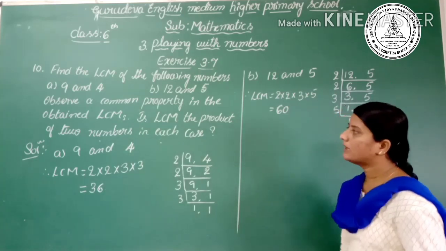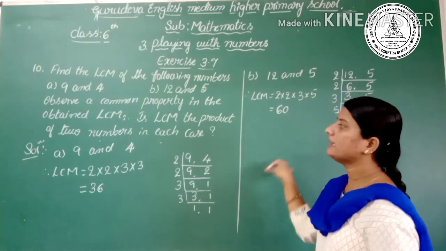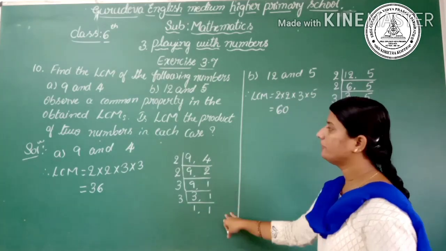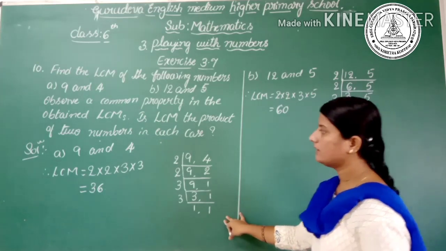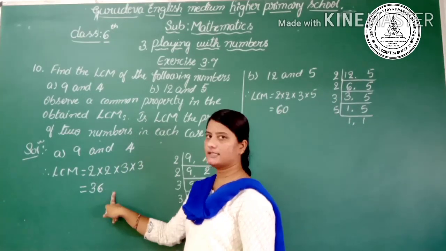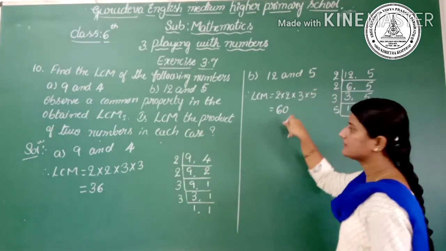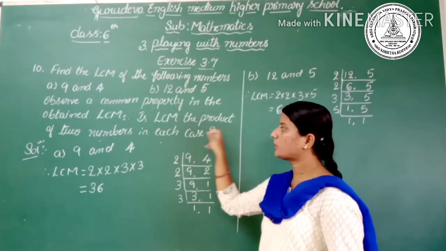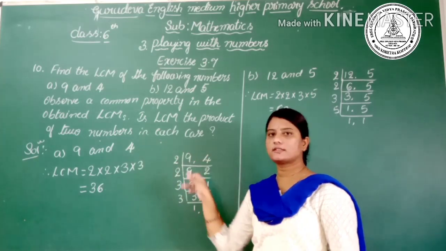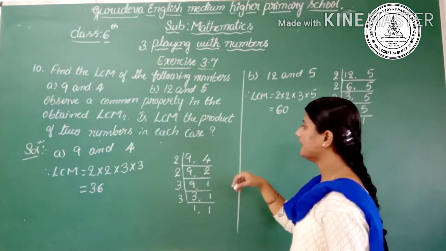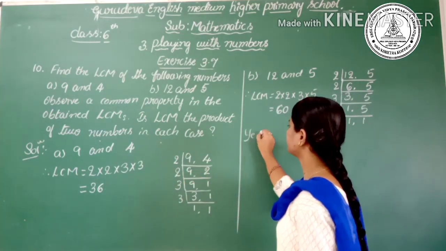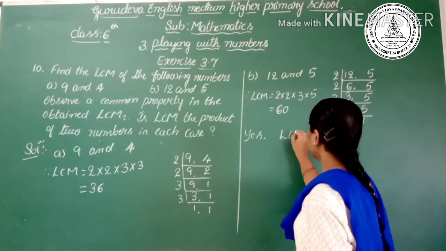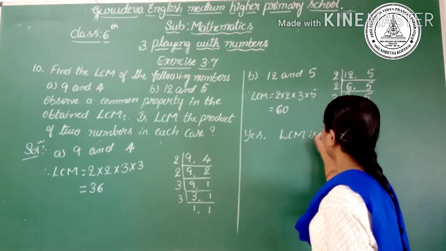Yes. Now you observe the common property obtained in the LCM of these two products. See here, 9 fours are 36, 12 fives are 60. Yes, we can say that LCM is the product of two numbers in each case.